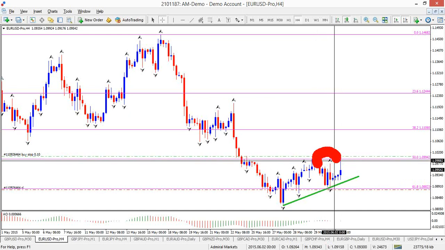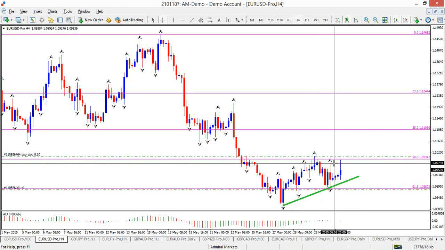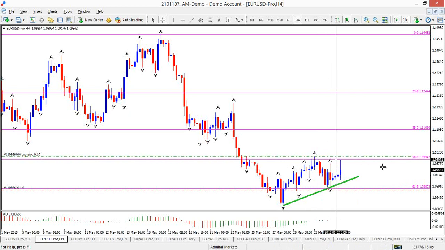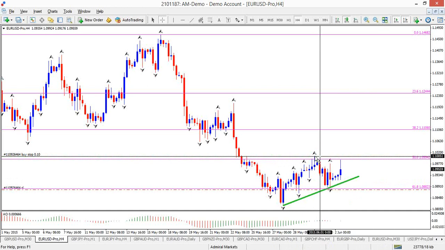But I'm primarily looking at this fractal. That fractal is important, in my opinion, but an even safer one could be perhaps this one, and then maybe not 110.05, but 110.14 could still be an option as well.